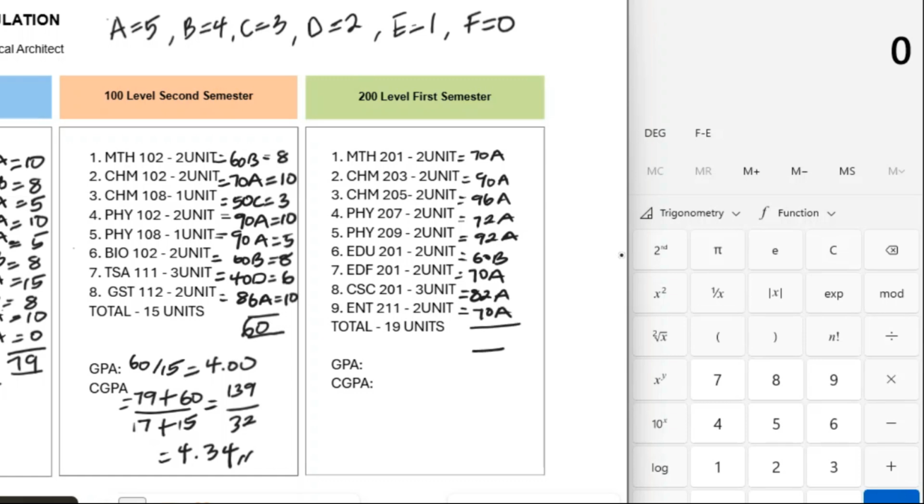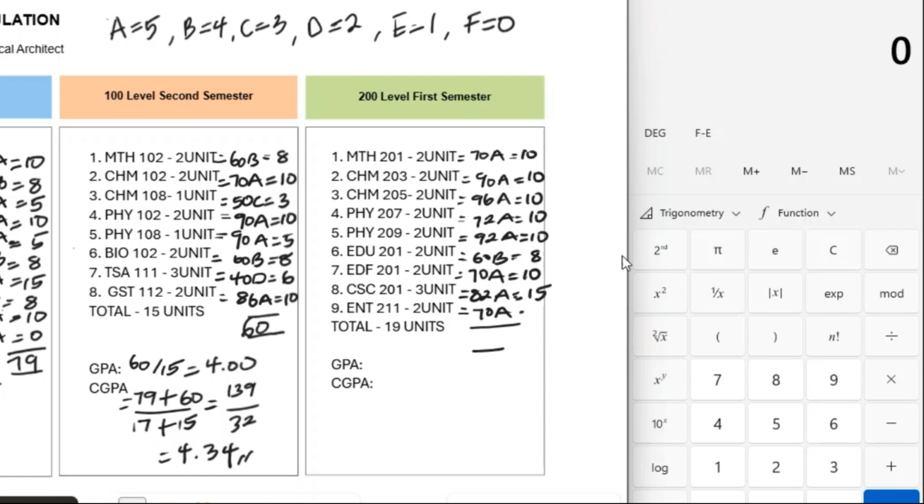So by this, calculating the number of points, 5 points here is going to give us 5 times 2, which is 10. Another 5 points here, that's 5 times another 2, which is 10. So this will still be 10. This also will be 10. This also will be 10. So this 4 times 2, this will give us 8. 5 times 2, this will give us 10. 5 times 3, this will give us 15.